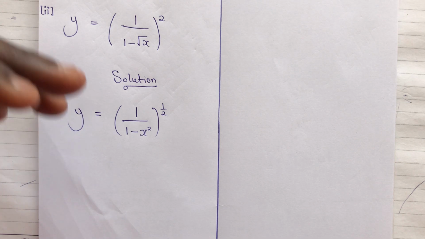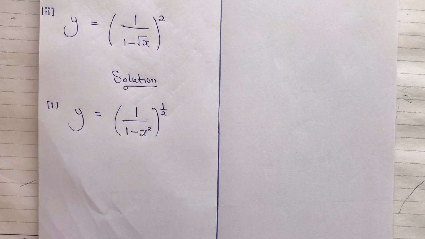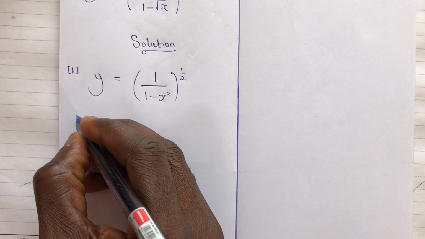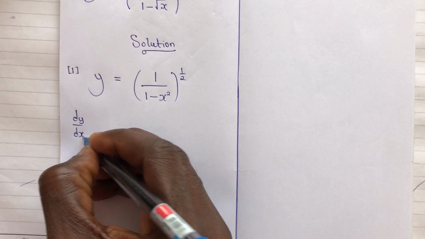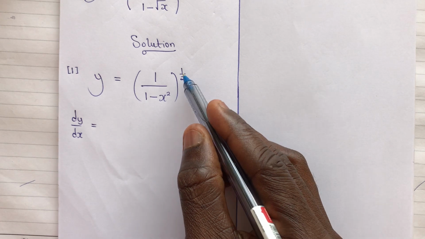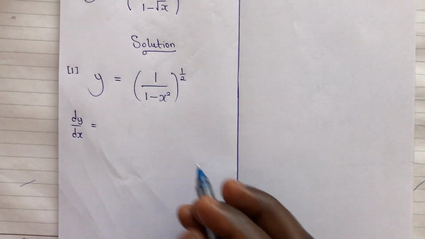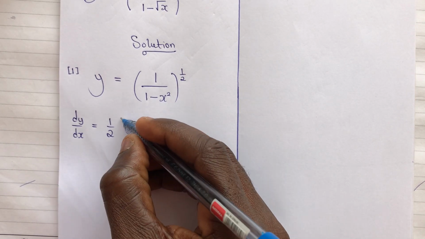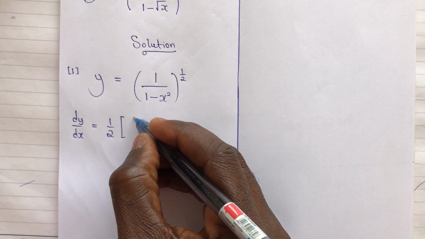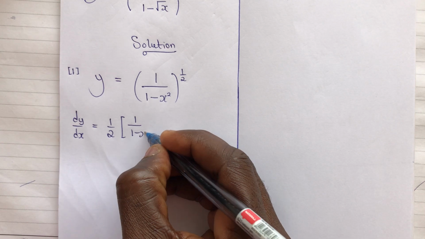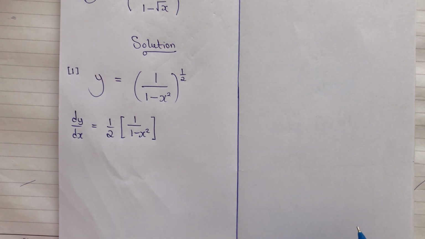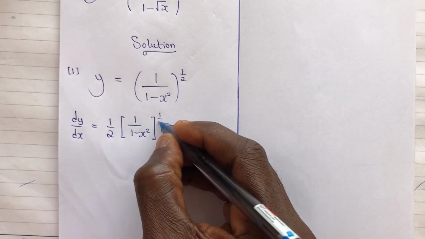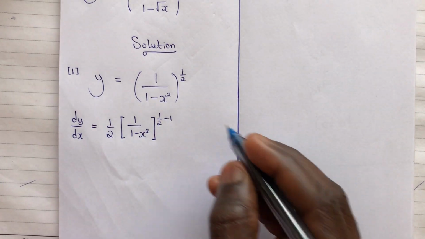Because this is a fraction, it will involve a few steps, and I hope by the end of the day you get the concept. So we have dy/dx giving us, now use this 1 over 2 to multiply. So I have 1 out of 2 times the same function, 1 over 1 minus x squared, reduce the power by 1, 1 out of 2 minus 1.